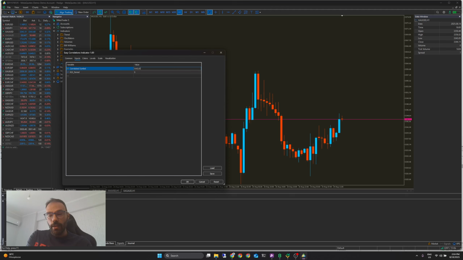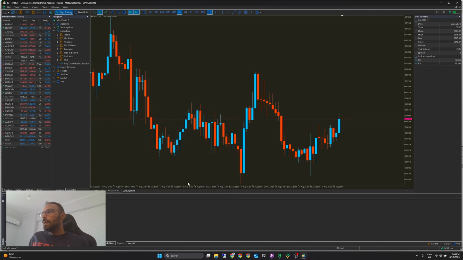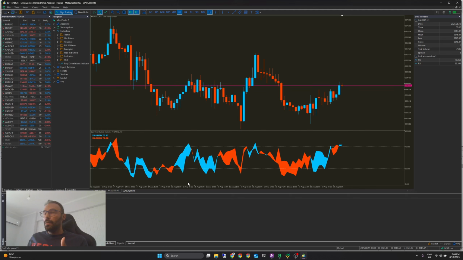So I'm gonna add silver, and you can also select the RSI period, because this indicator is based on the RSI that can show us these differences in these movements. Once again, you can experiment with whatever period you want. I just want the RSI to be sensitive enough in order to give me multiple opportunities. Click OK, and you're ready to go.